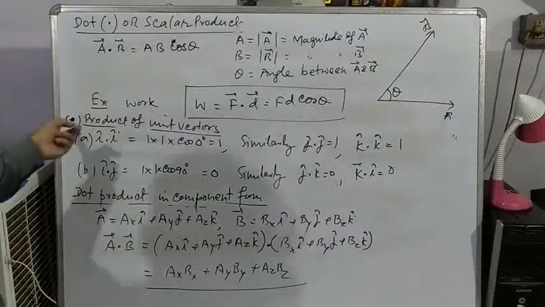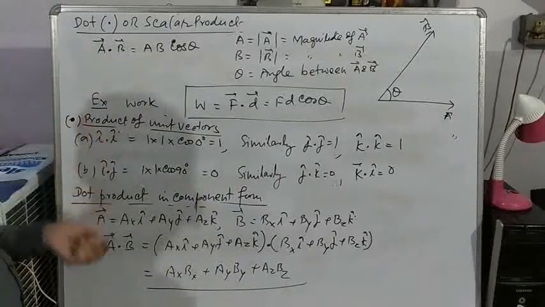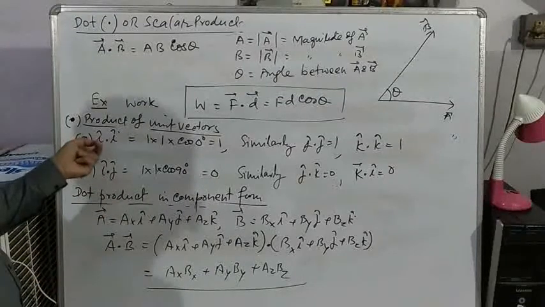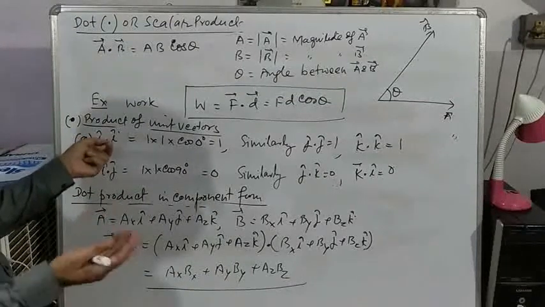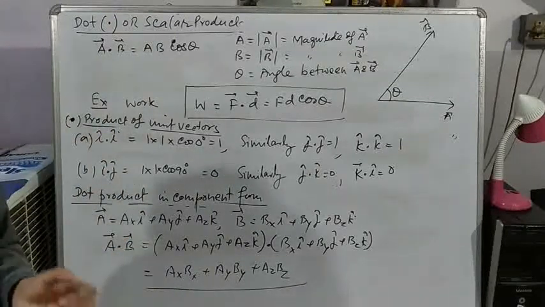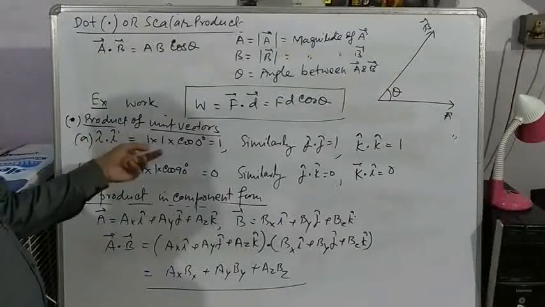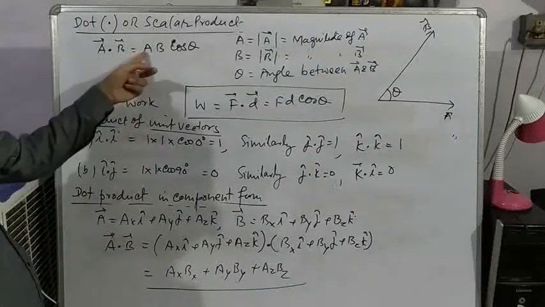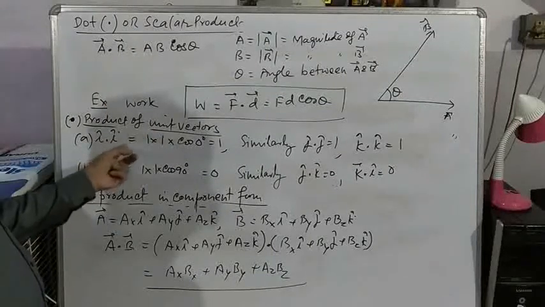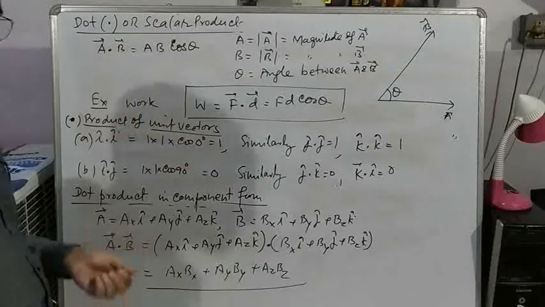Now let us understand dot product of unit vectors. Suppose you are going to find i dot i. You know that i is along x-axis, and the second i is obviously along x-axis, so the angle between two i's will be 0 degree. And they are unit vectors, so their magnitudes are 1. So in place of A, 1, in place of B again 1, and the angle between these two is 0 degree, so this value comes out to be 1.